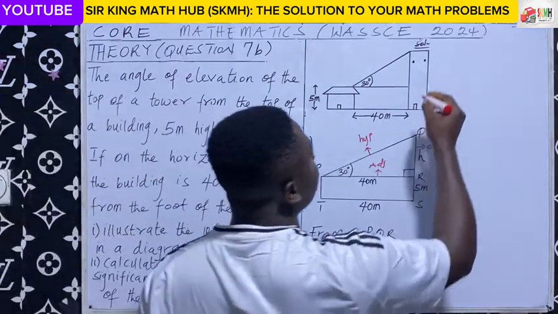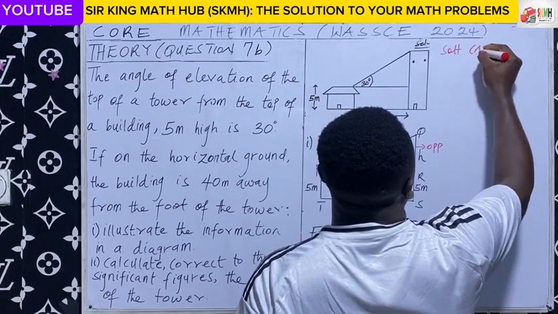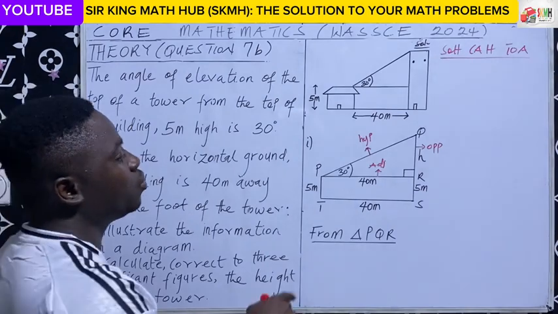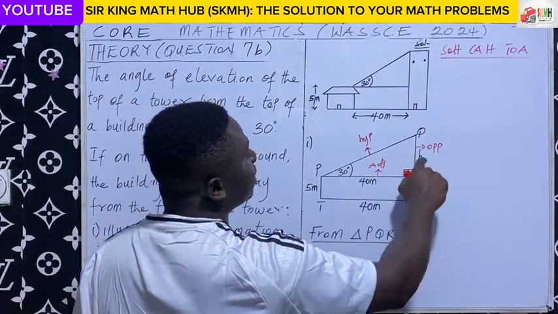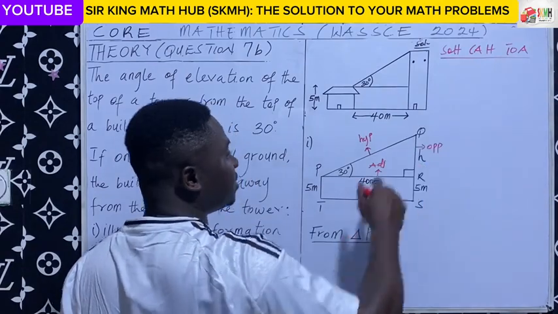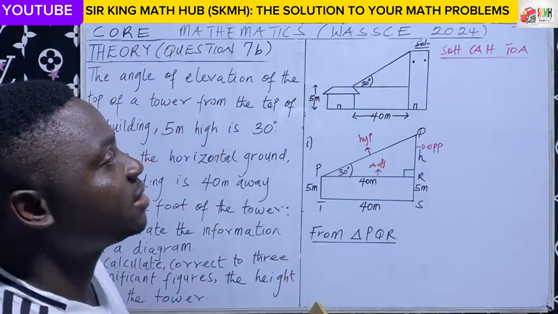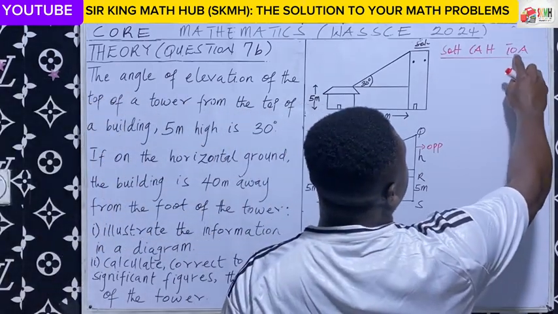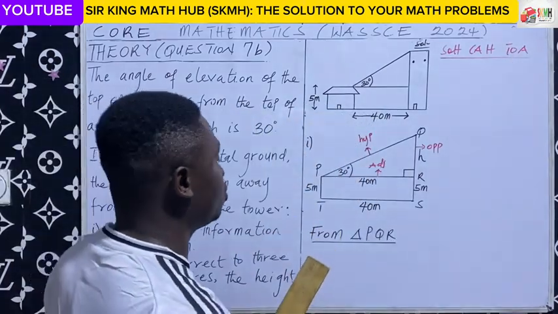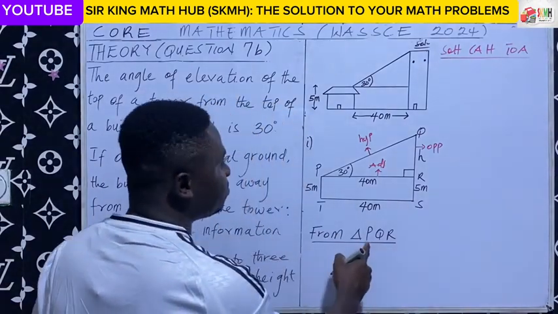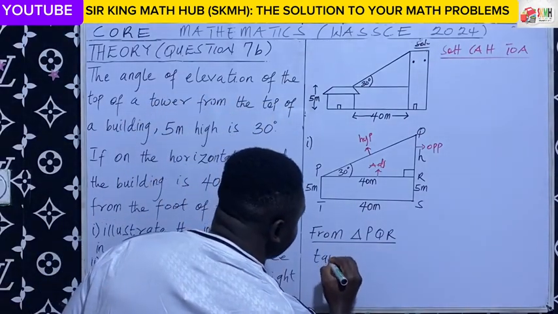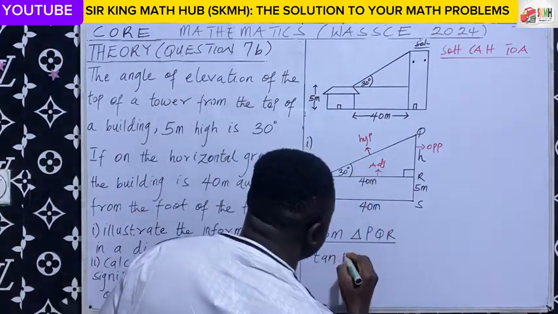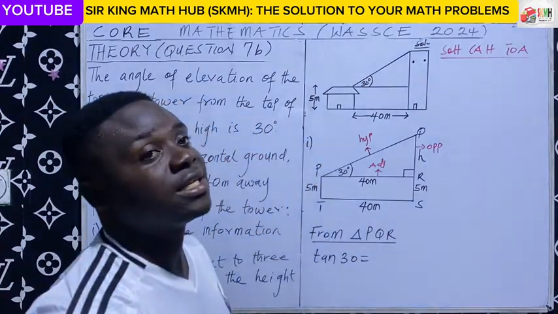So now let's refer to SOHCAHTOA. We know our adjacent and we want the opposite. So each of them has adjacent and opposite. Adjacent and opposite, that is TOA. So from triangle PQR, TOA says that the tan of the acute angle, in this case tan 30, is equal to the length of the opposite.